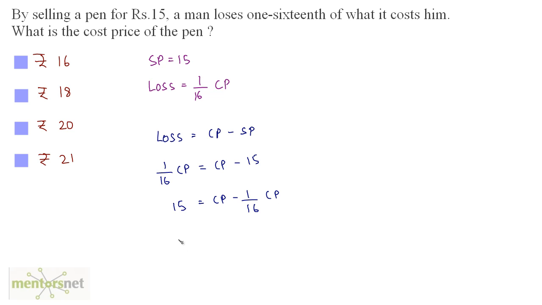So therefore I have 15 is equals to 16 cost price minus 1 cost price, which is 15 CP by 16. So therefore cost price is equals to 15 times 16 by 15, and that is 16 rupees. So the cost price is 16 rupees. Option A is the right answer.